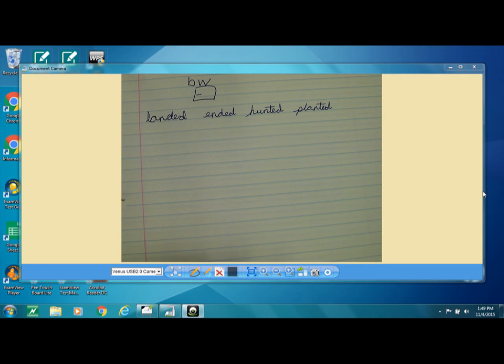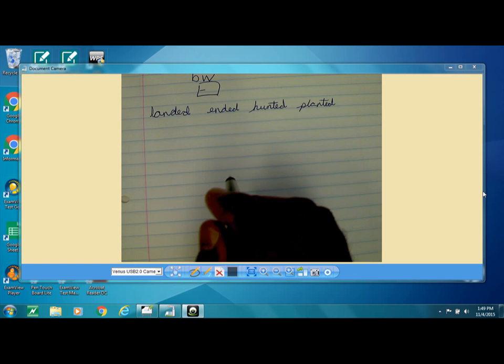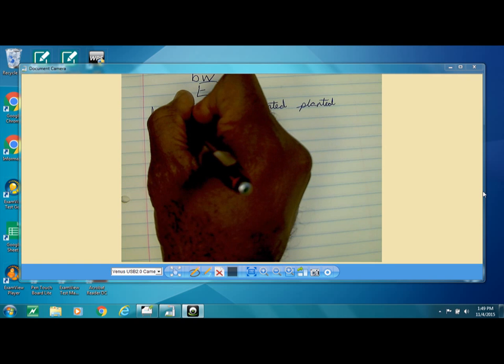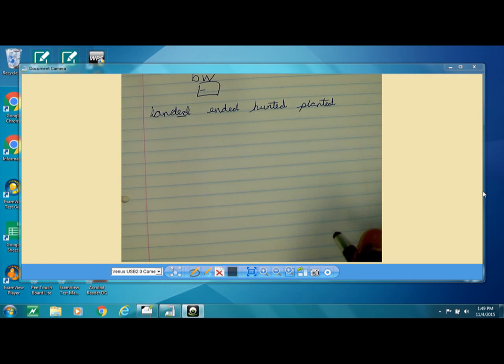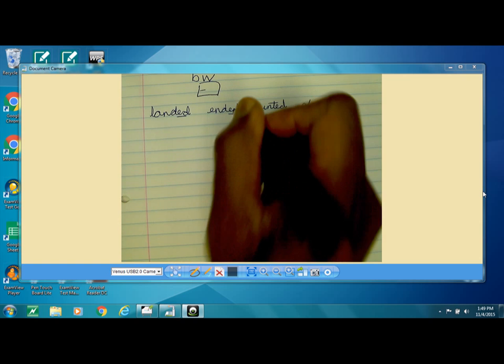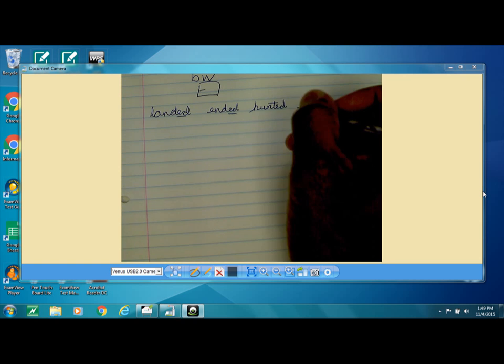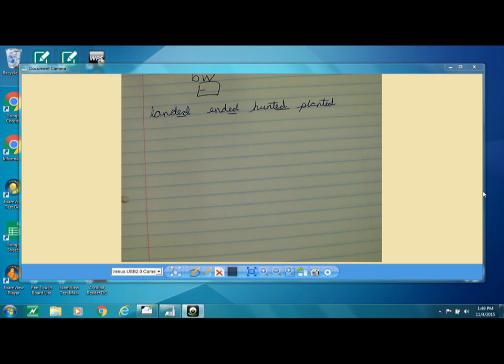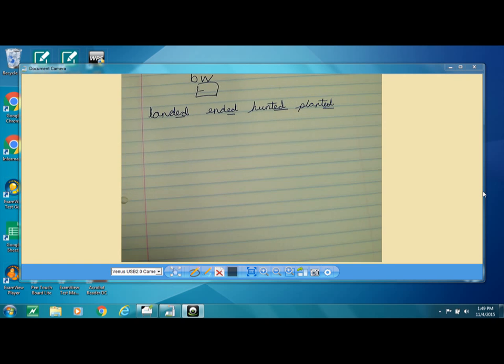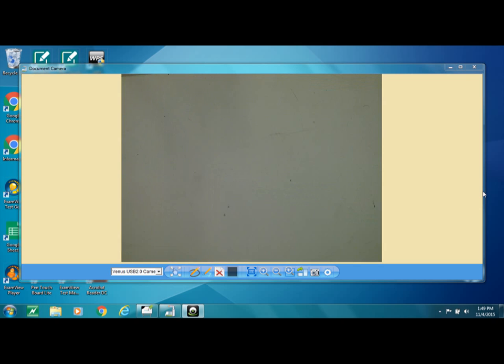So what letters do we see at the end of the word? You see the letters ED. Okay? Now, we're going to look at the derivatives.